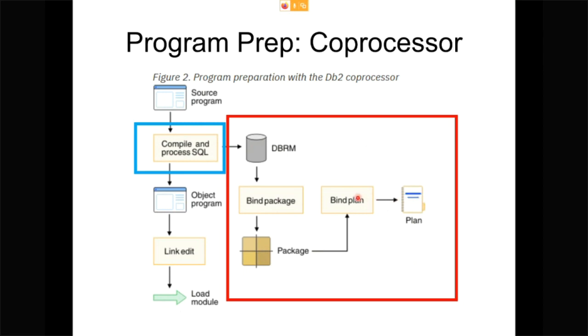So I've associated these different steps with a blue outline for the compile process that I'll be explaining. And then later on, we'll see this graphic. We'll see exactly the JCL and the statements that are used for this process to happen in red. Any questions?